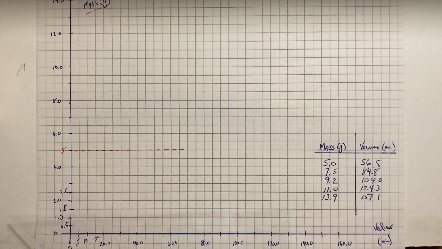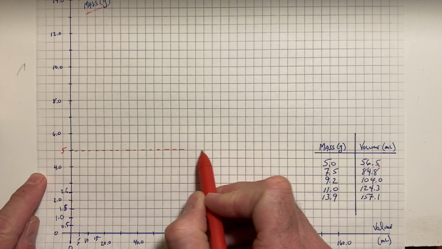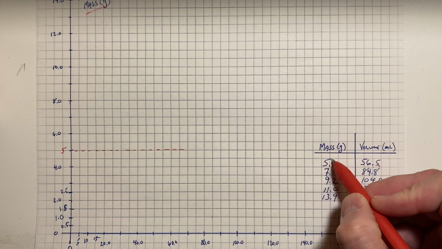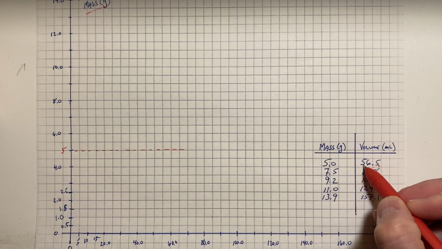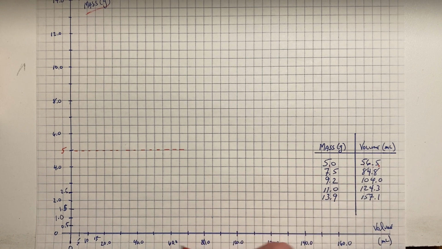Because if I go straight across like this, all of these are masses that are 5. But I need a mass that's 5 while the volume is 56.5. So shoot, where's 56.5 down here?